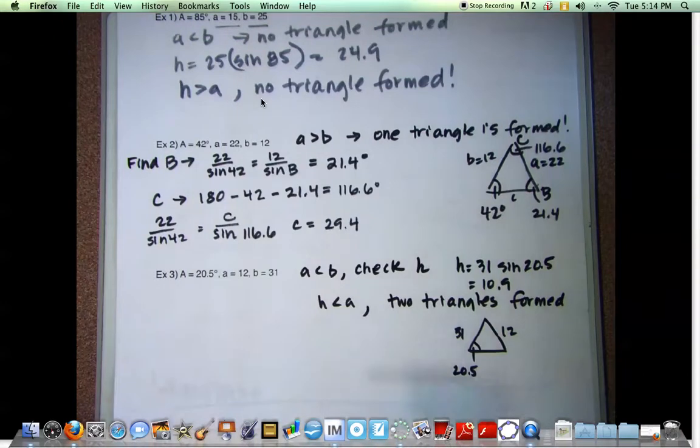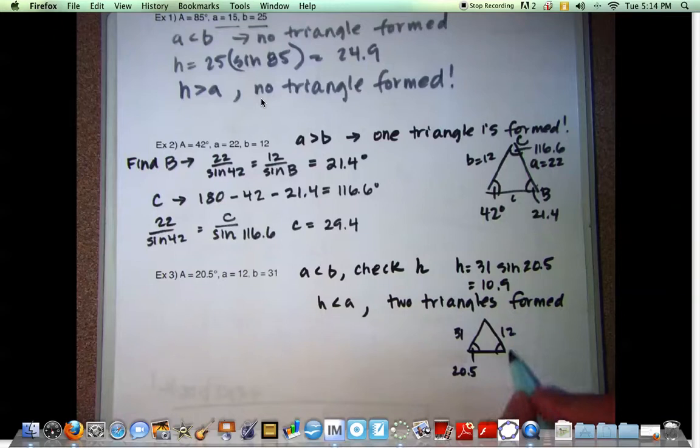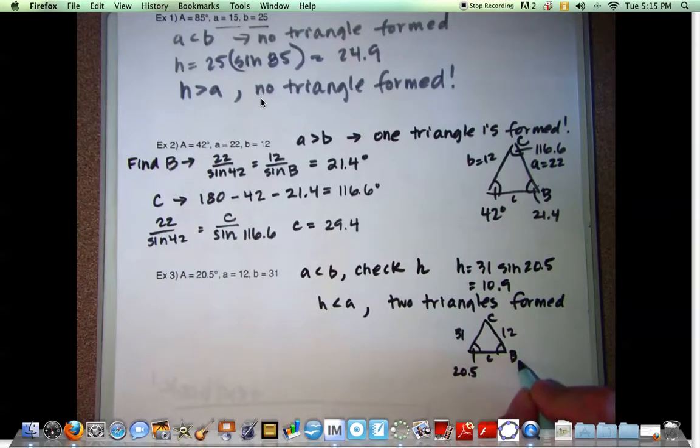We're going to use the law of sines to find B and C, and then little length c. We have to find B first, and I'm going to refer to this as B1, C1, and little c1 because this is from the first triangle.